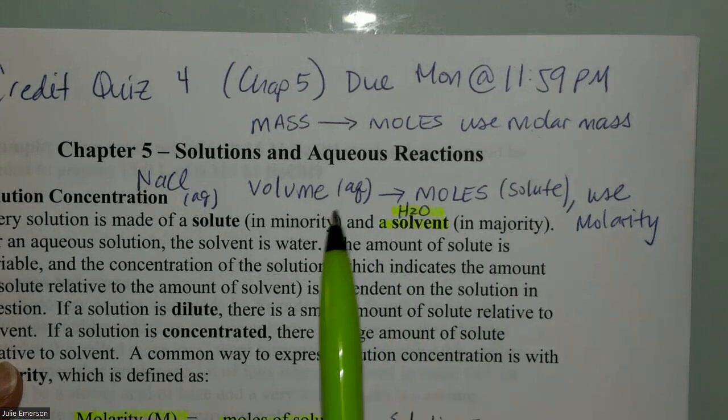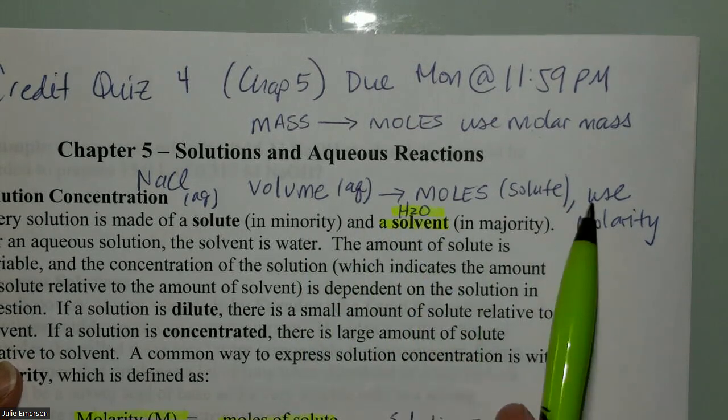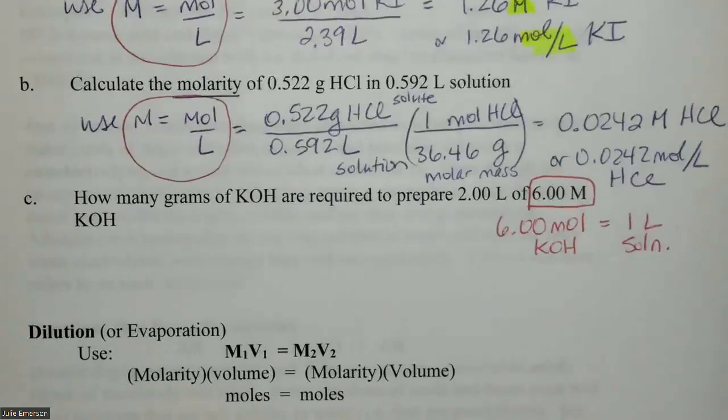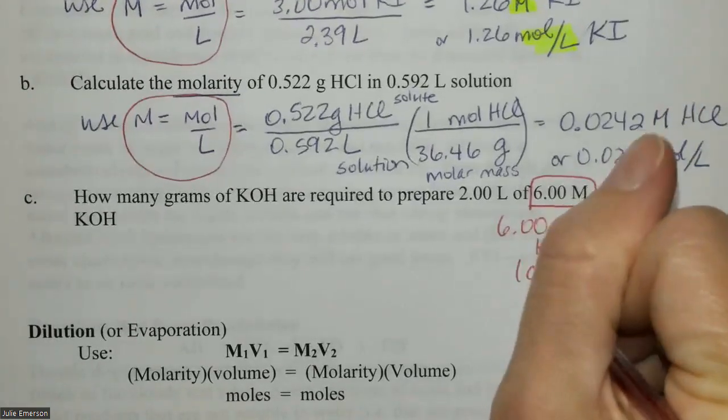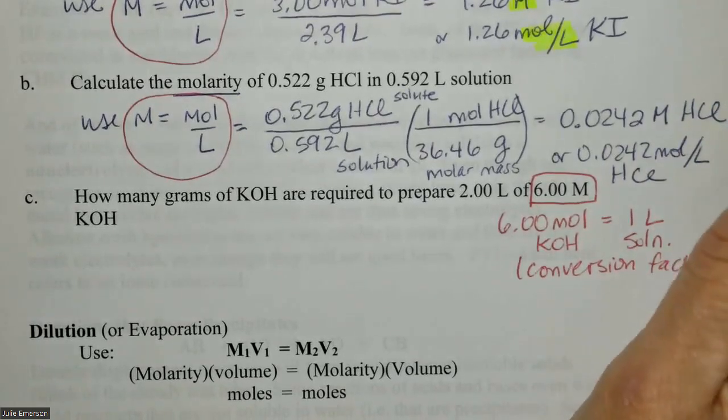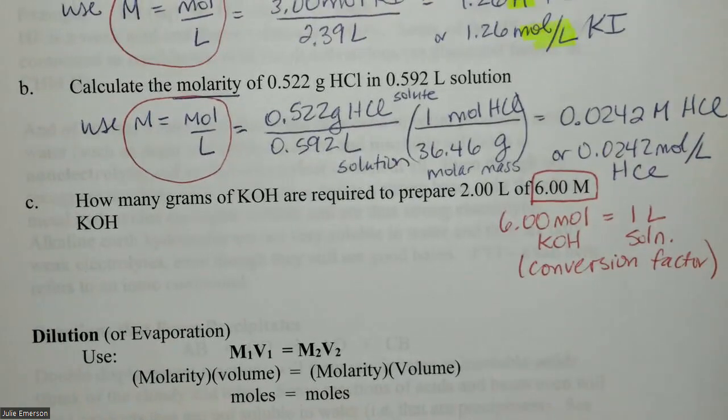For solutions, if we're going between volume and moles, molarity is the conversion factor that's going to go in the parentheses. So when you're given molarity, you want to keep in mind that this is going to be a conversion factor, and we're going to figure out where it's going to go.